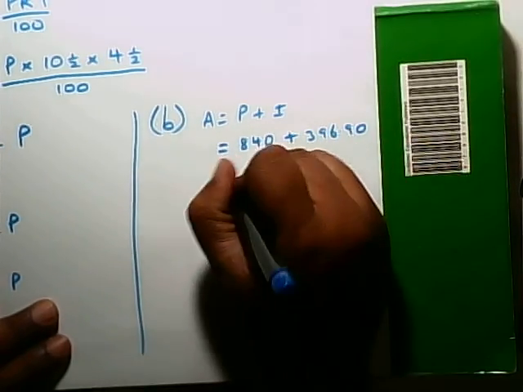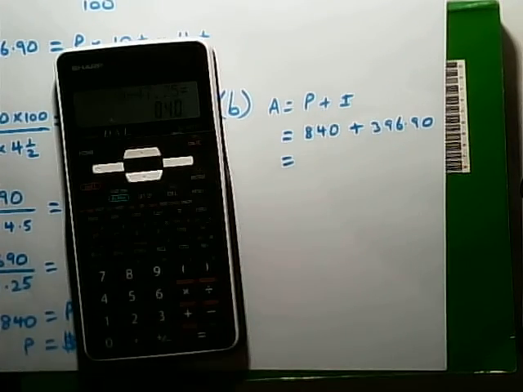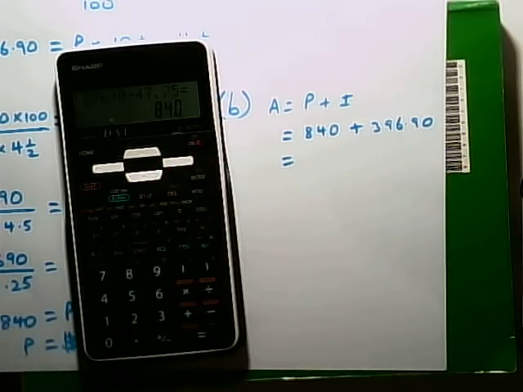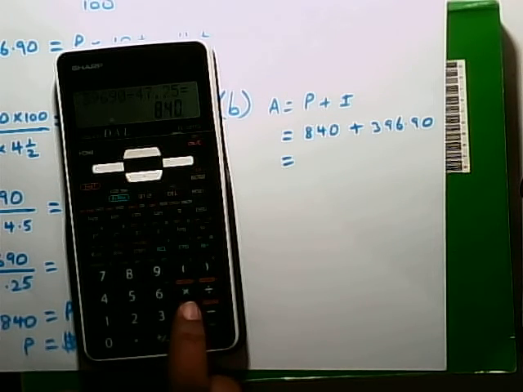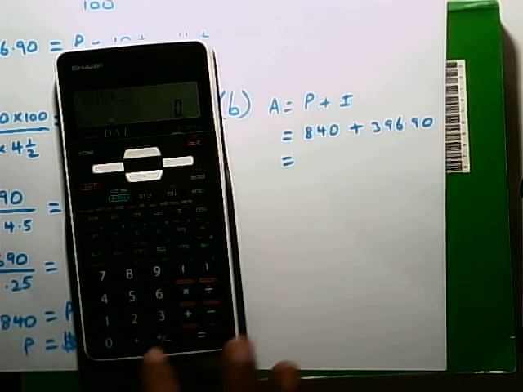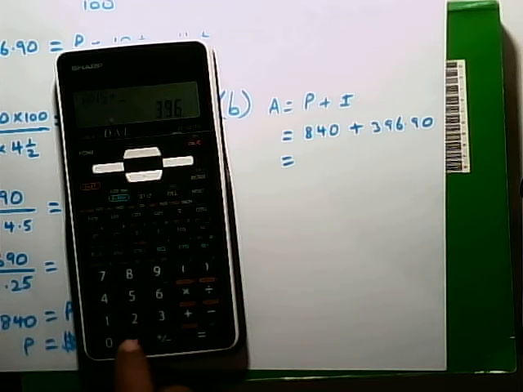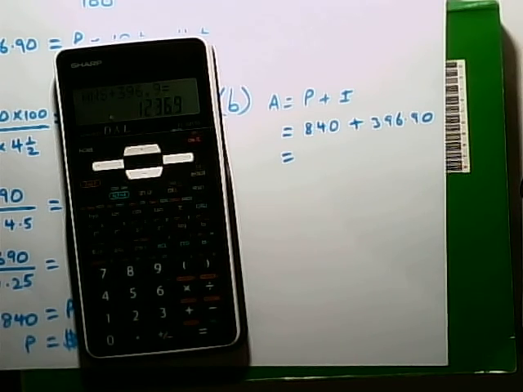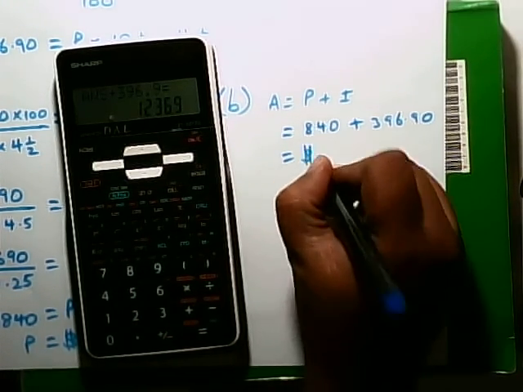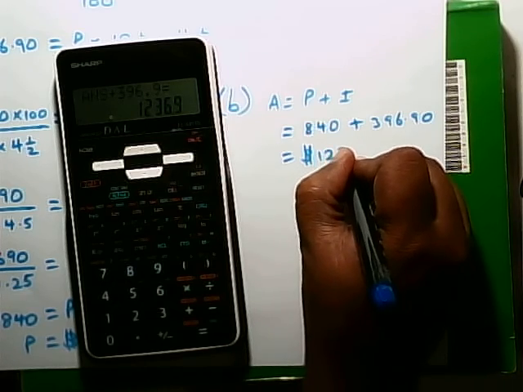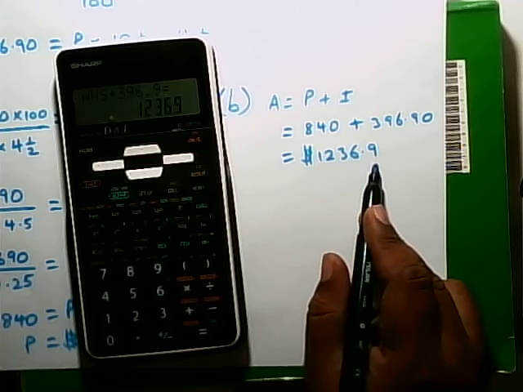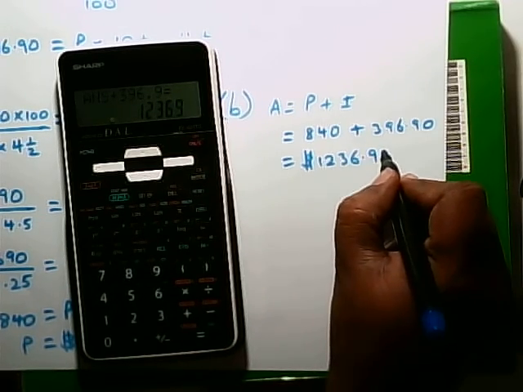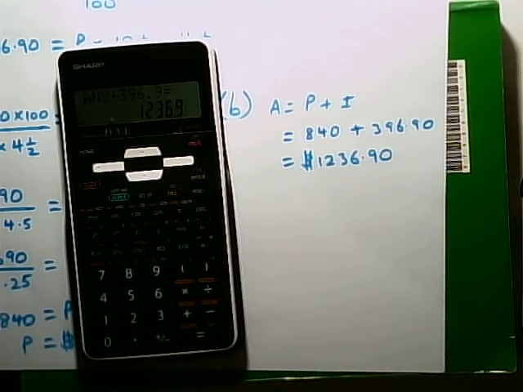Add it up. 840, we already have it from previously. It's in the equal place. So we just have to add 396.9. Answer: 1236.9. Since it's cents, that 0.9 will be written as 0.90 for 90 cents.